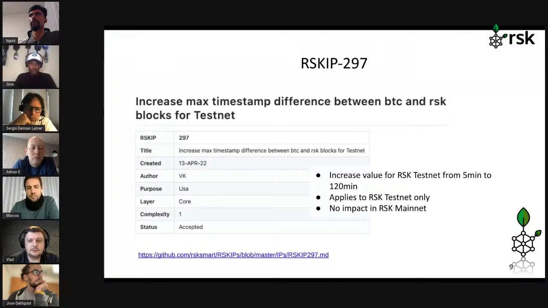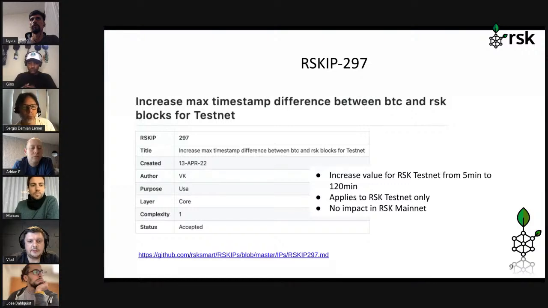But even if it is less than 2 hours, during that time no new RSK blocks can be added to the RSK network until the BTC timestamp normalizes and fits in that 5 minutes difference limit. And this is basically why this RSK IP proposes to increase this maximum timestamp difference limit in testnet from 5 minutes to 2 hours, to allow future BTC blocks being accepted in RSK network.